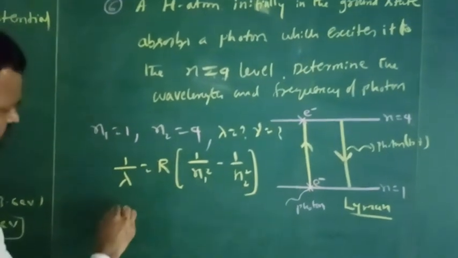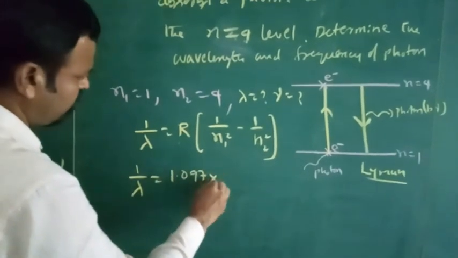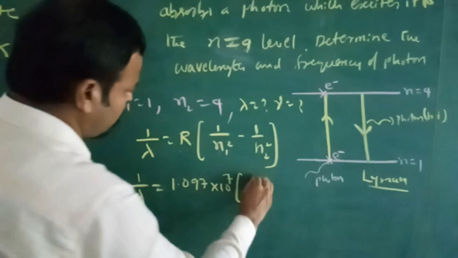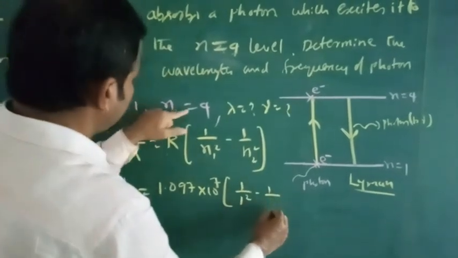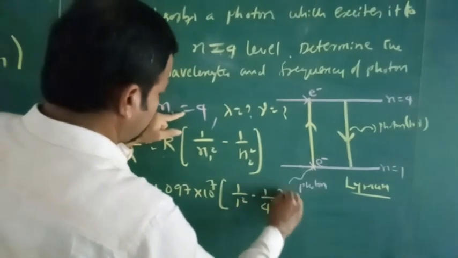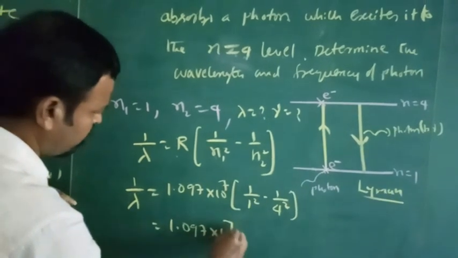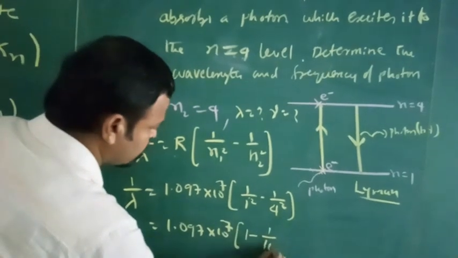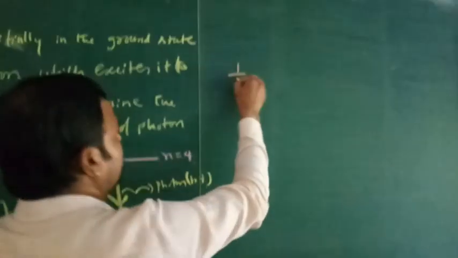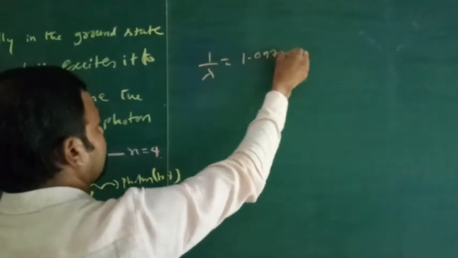Therefore, we can find lambda. 1 by lambda is R, 1.097 into 10 power of 7, into 1 by 1 square minus 1 by 4 square, that is 1 minus 1 by 16.